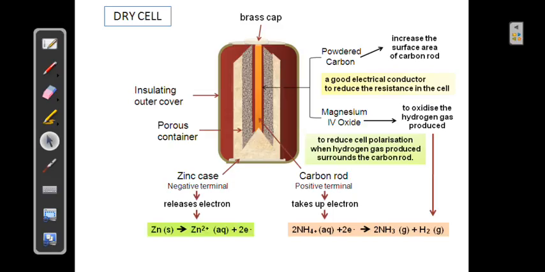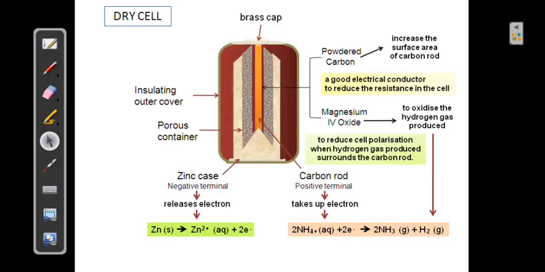Whereas at the zinc case, the negative terminal will release electrons. So from the zinc solid, you will produce zinc ions in aqueous when it releases the 2 electrons.